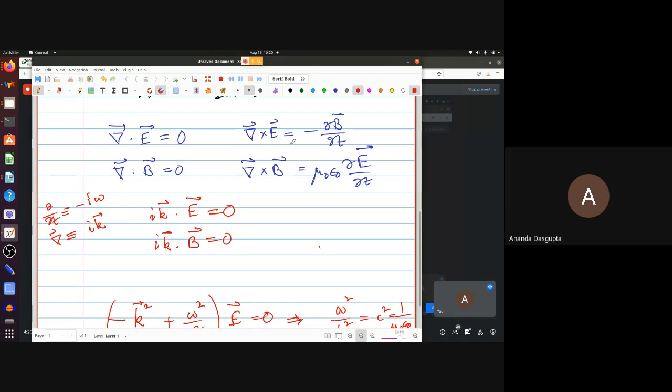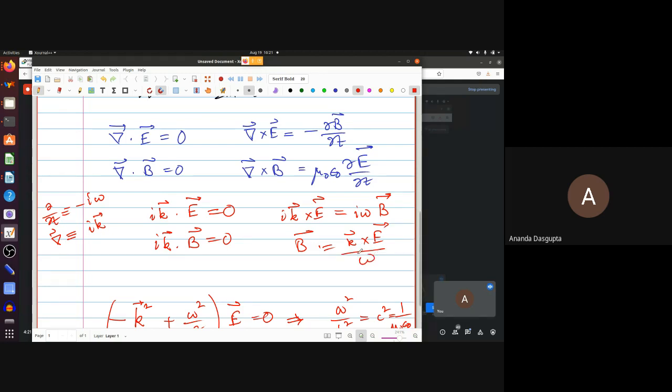Look at this. What does this tell you? It tells you ik × E is minus iω times B. So B is actually k × E by ω.